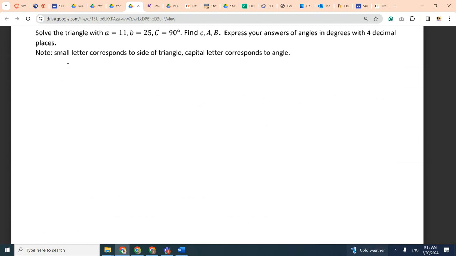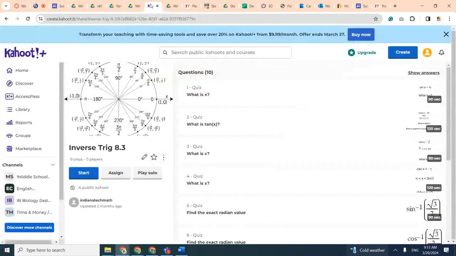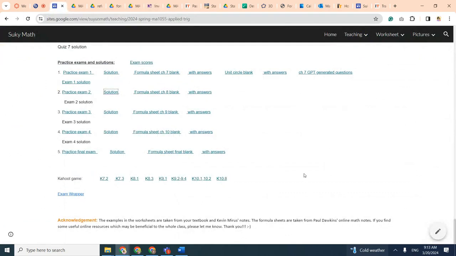All right. Before we go to 9.1, how about we also play a Kahoot game? I developed a lot of Kahoot games, but unfortunately, we didn't have time to play them all. I think we played 7.2 and 8.1. Today, let's play 8.3.